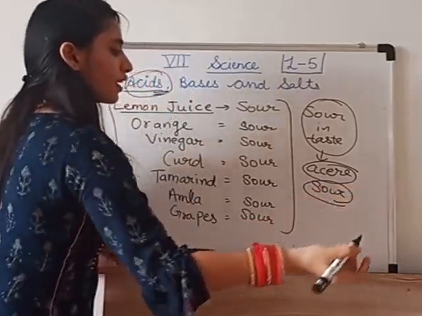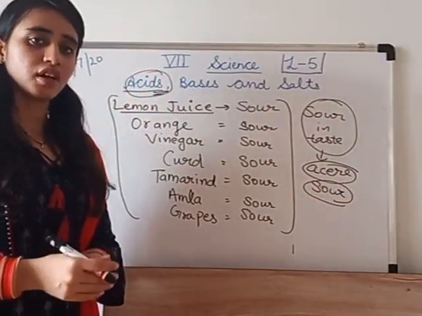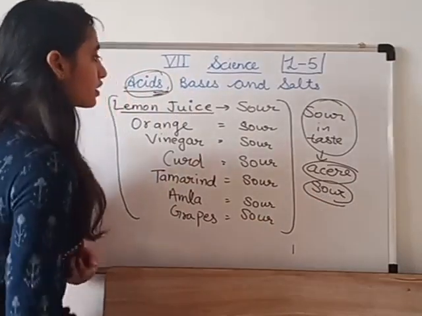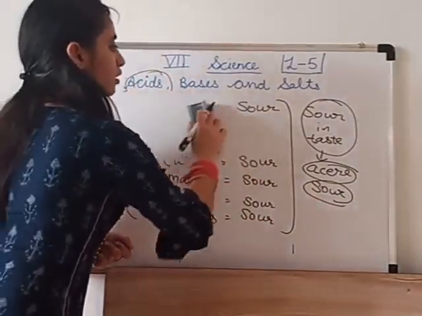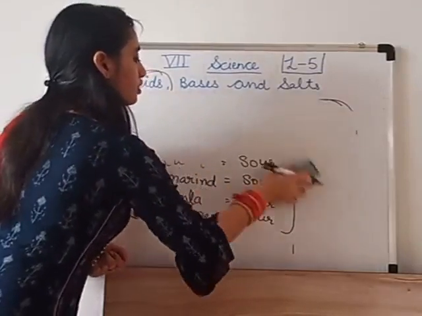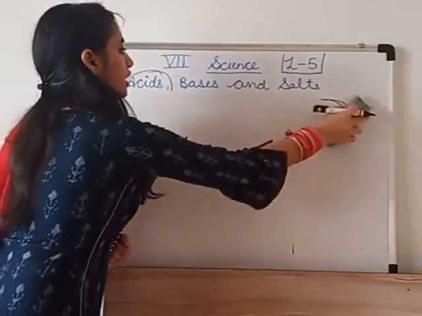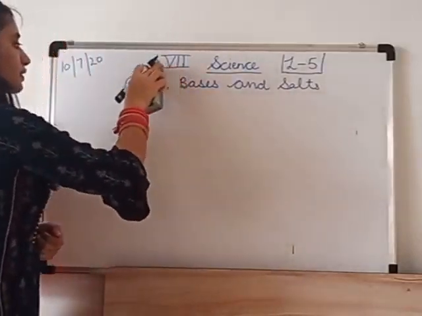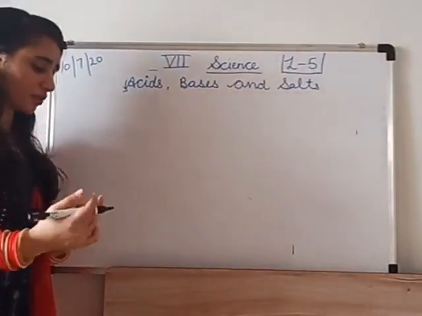So what's the definition of acid? Acids are sour in taste. Now we'll proceed to our next topic, that is about acids, which type of acids are present in fruits and vegetables.